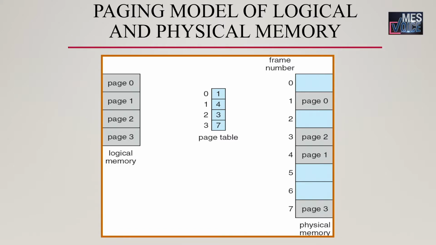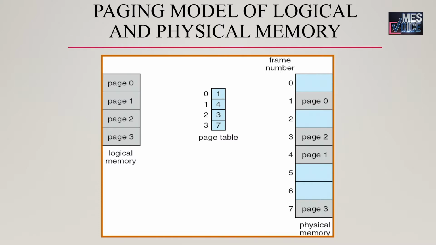One is the page number, marked on the left of the table as 0, 1, 2 and 3, and the other is the frame number, given as 1, 4, 3 and 7. The third one is the physical memory, which also contains several frames. And as I have already mentioned, the page size and the frame size will be equal.